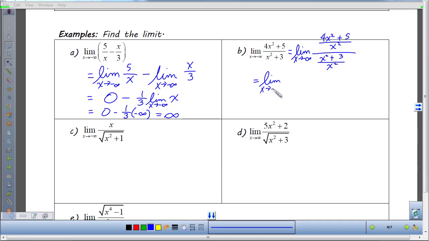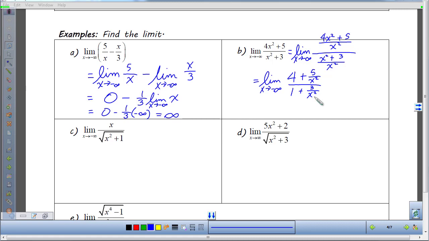Well, when I simplify, 4x squared over x squared is just 4, and then we get plus 5 over x squared. In our denominator, we do the same thing. X squared over x squared is 1, plus 3 over x squared. So now I can evaluate the limit of each of these terms.